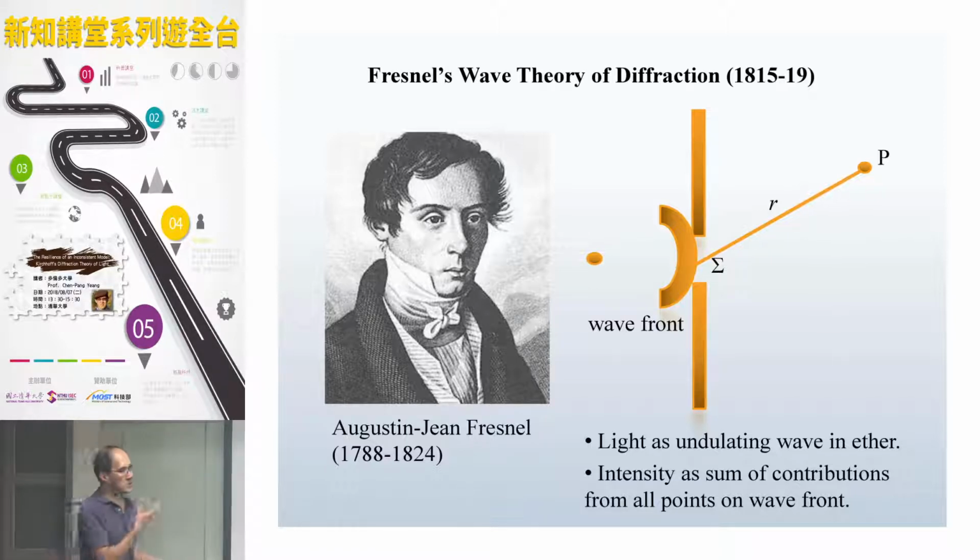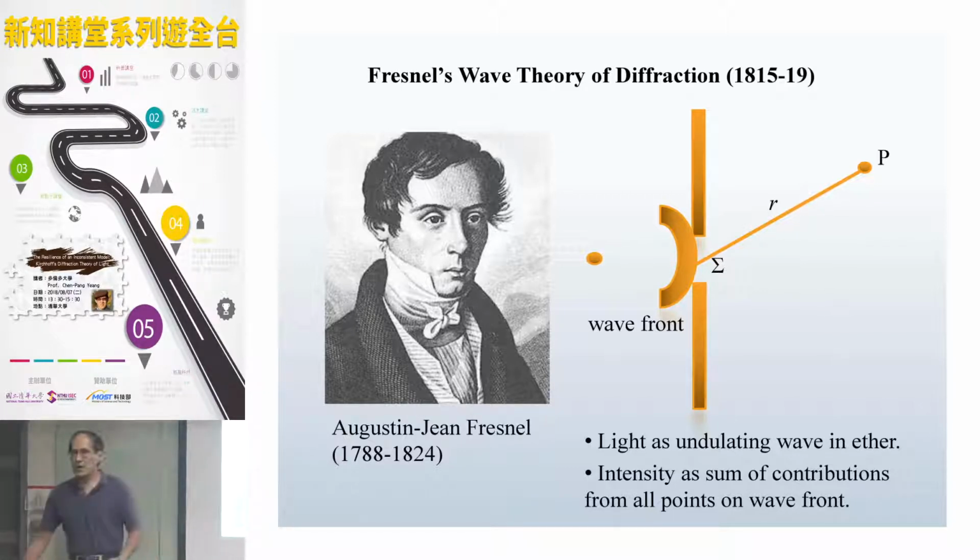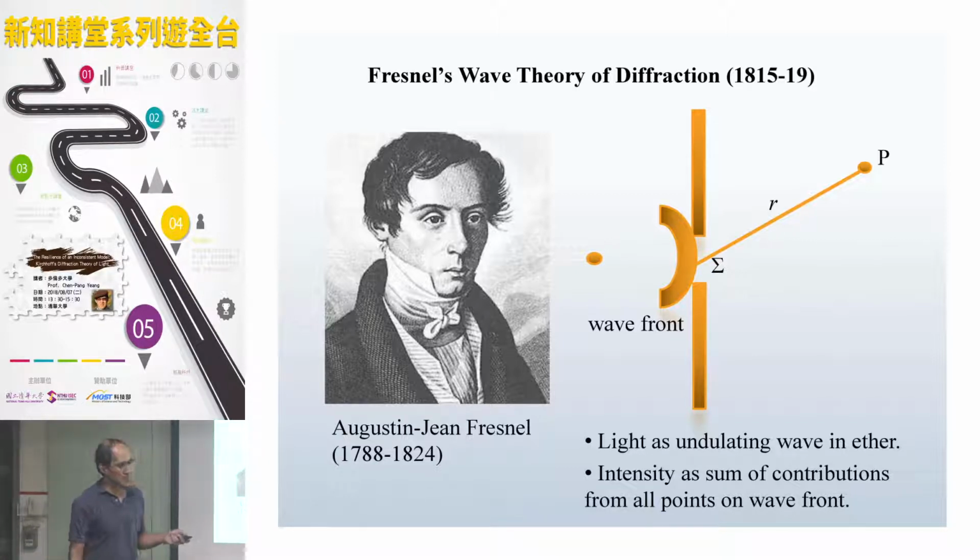So this, of course, was the final version of the wave theory of light in the early 19th century. And moreover, how do we get the intensity of light at the point of observation? To Fresnel, the intensity of light is just the sum of contributions from all the points on this wavefront.